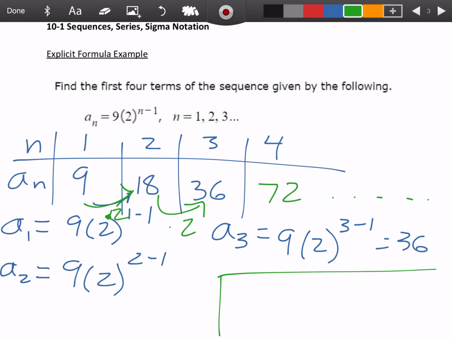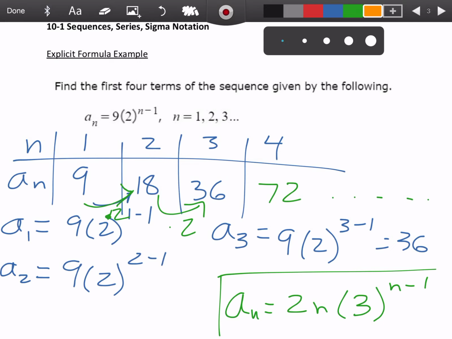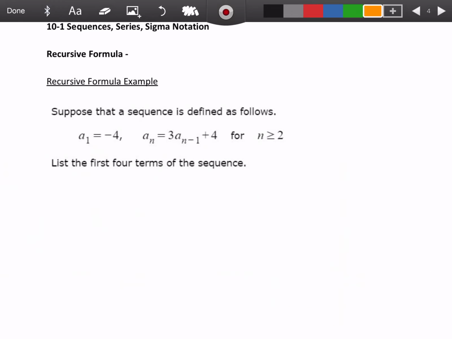This has nothing to do with this example, but you might have something like 2n times 3 to the n minus 1. Well, that means if I'm looking for my first term, I just plug in 1 here and I plug in 1 there. I just plug in the same number in both instances where n is.